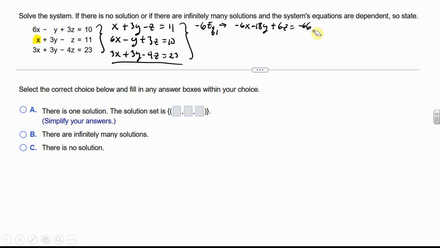I'm going to rewrite that second equation, and I'm just going to put this third equation there to keep everything together. So now I'm going to add equation 1 to equation 2.